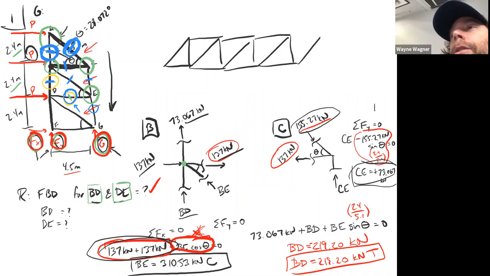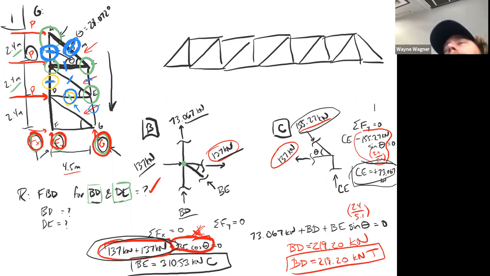I could even get ridiculous about it. And then let's suppose we've got a pin here and a roller here. And I could say, I want to know these two joints right here.